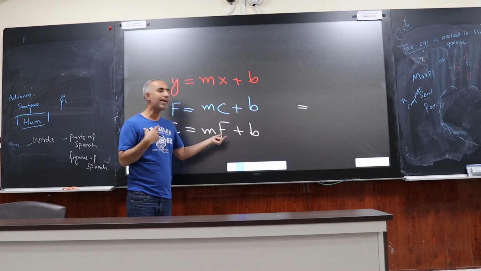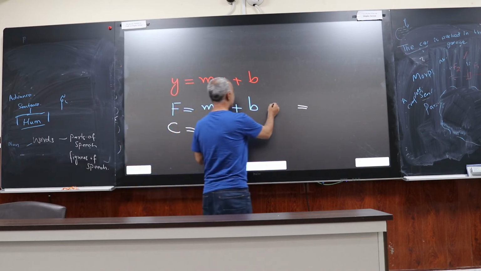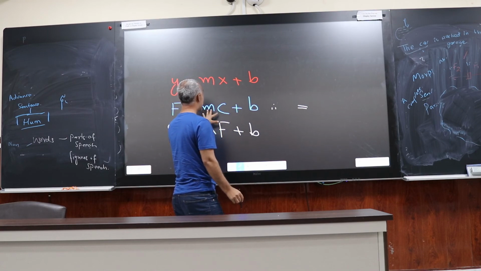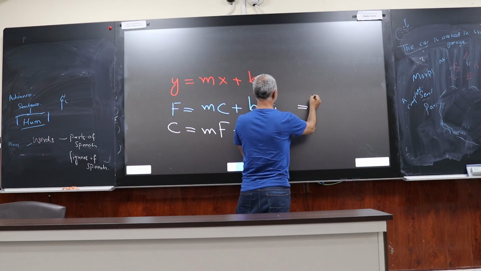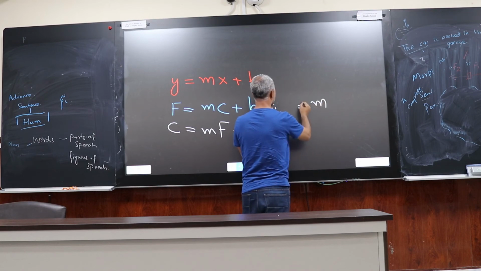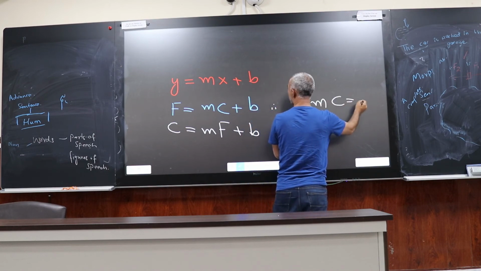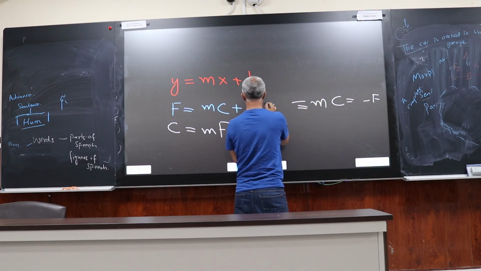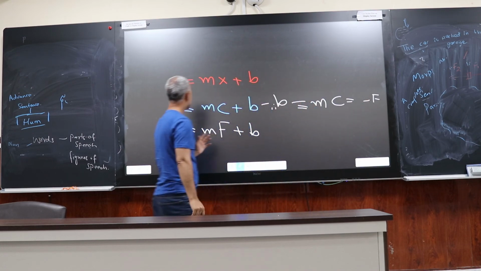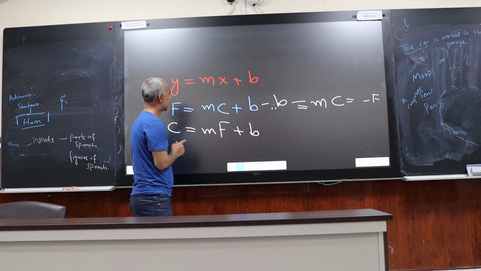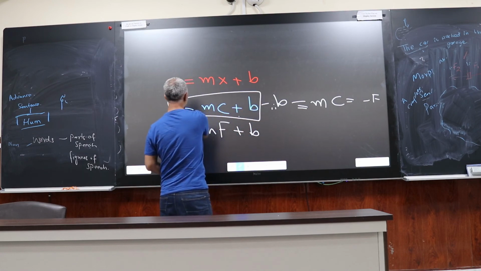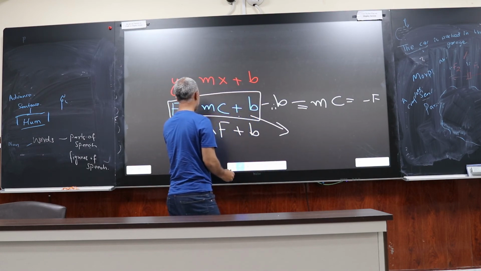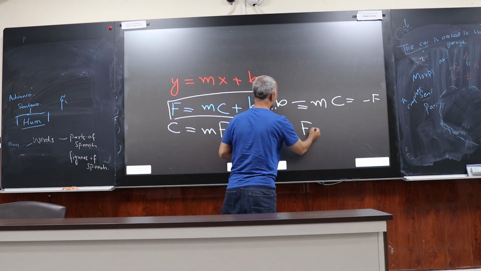What I did here, remember, if you want minus here, minus mC equals minus F minus b. Somehow you want to derive this formula directly from here, F minus b equals mC.